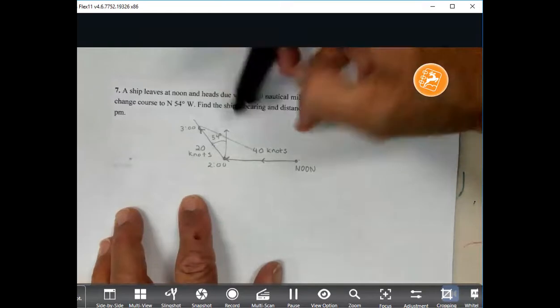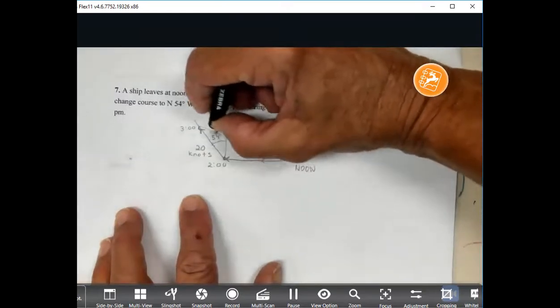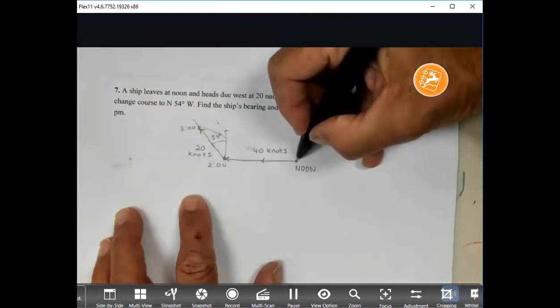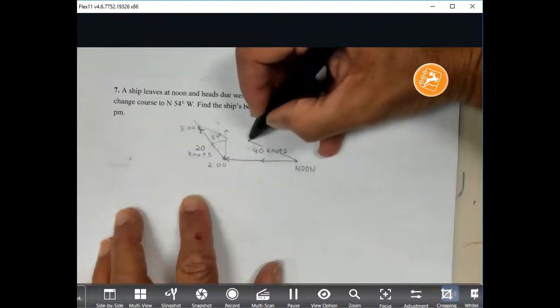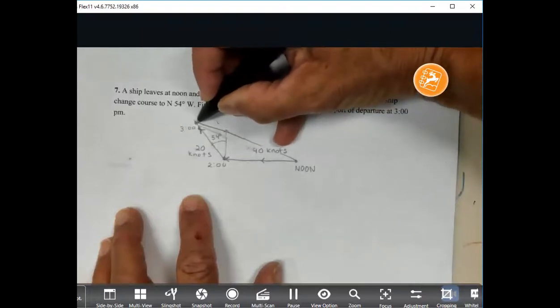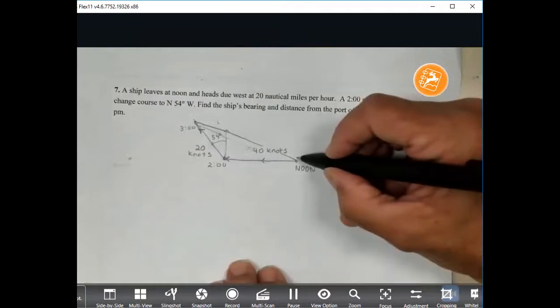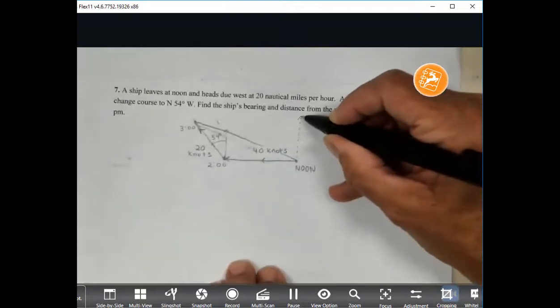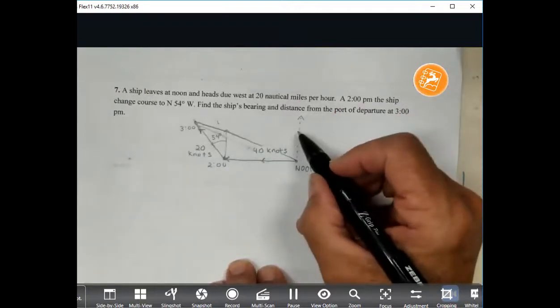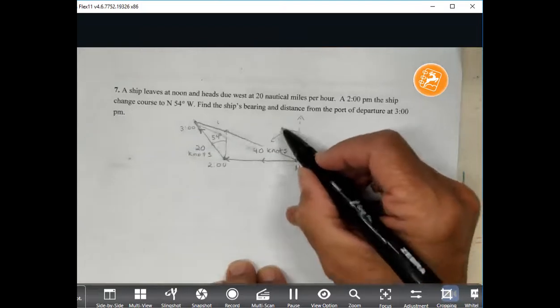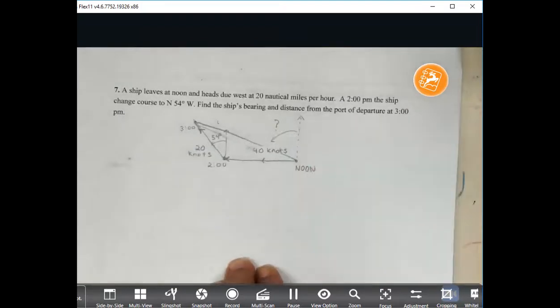I'm just going to move 3 p.m. to here. And then I want to find the bearing from here. I'm going to find that bearing, and I want to find that big length.